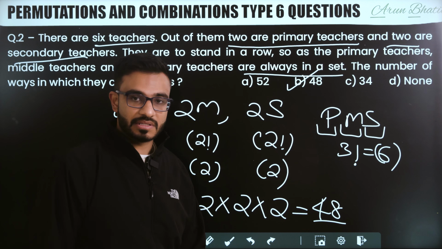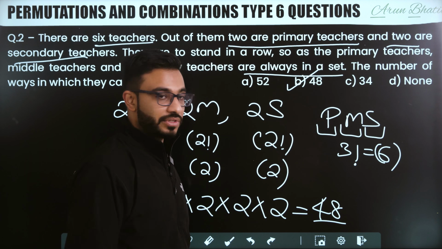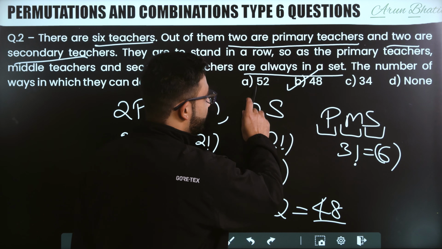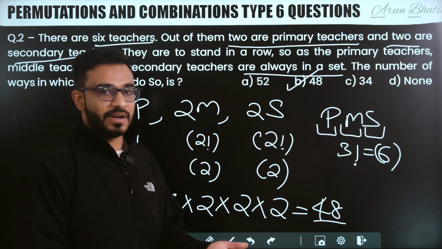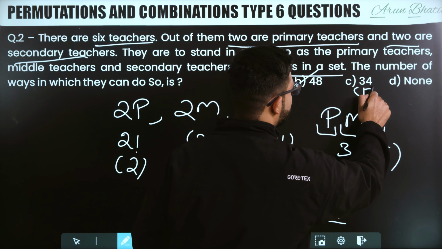Another thing to think about is that you can look at the answer choices. You have 52 and 34. Let's forget about none, because we don't know about that. But 52 and 34 obviously have prime factors. 52 has 13 and 34 has 17.